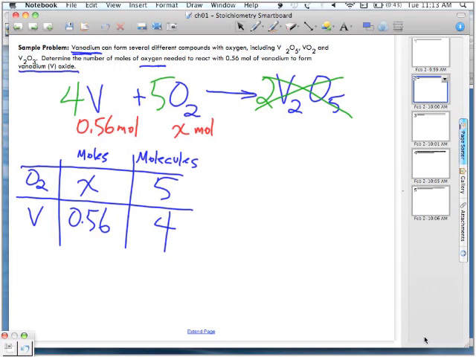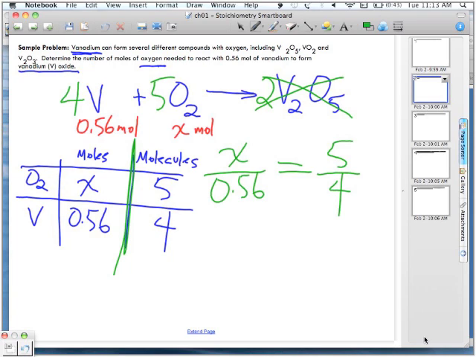Remember what we said: when we're writing out our equation, we treat this as if it is the equal sign. So we're setting X over 0.56 equal to 5 over 4. We isolate for X. We're given 0.56 mole of what?